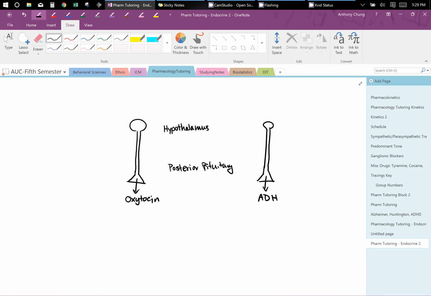Okay, so basically when your uterus stretches, it stimulates the hypothalamus, and then it stimulates the release of oxytocin, and then oxytocin in turn will increase uterine contraction.